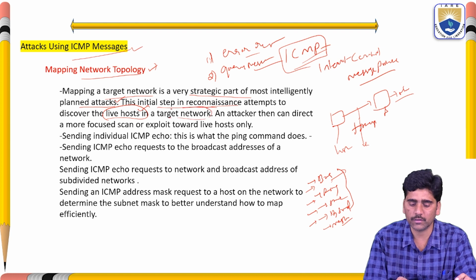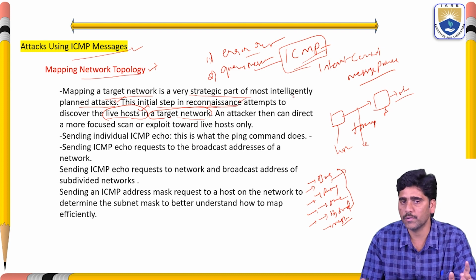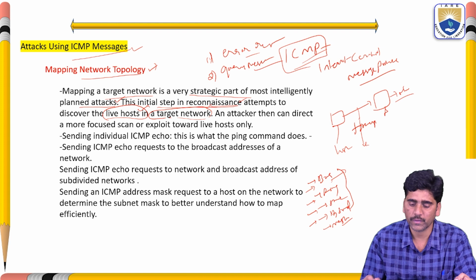In a targeted network, what different ports are available, which ports are open, and which are closed? Discover the live hosts by using this reconnaissance attempt. An attacker can then direct a more focused scan or exploit toward live hosts only.